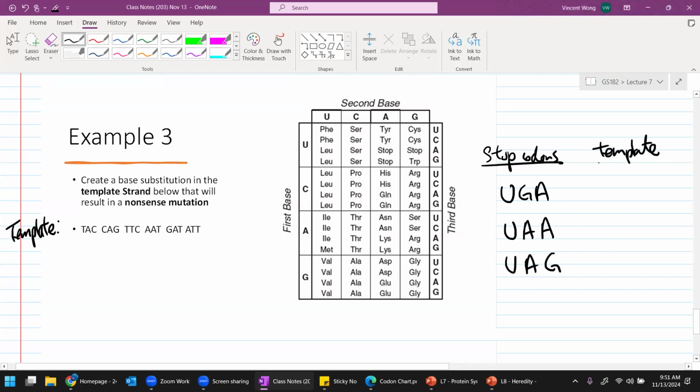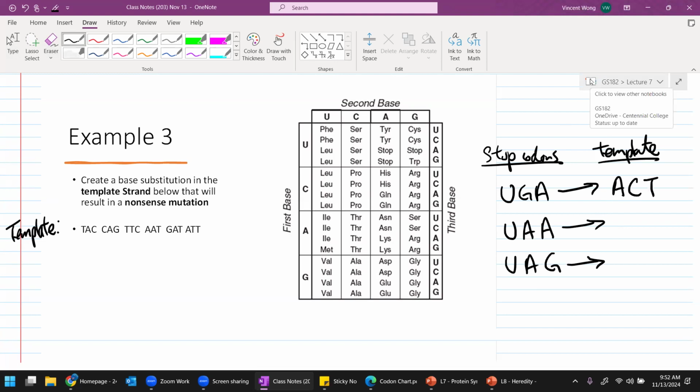And then what would it be as a template code? What would UGA look like on the template DNA? Yeah, I heard it, just louder. ACT, right?